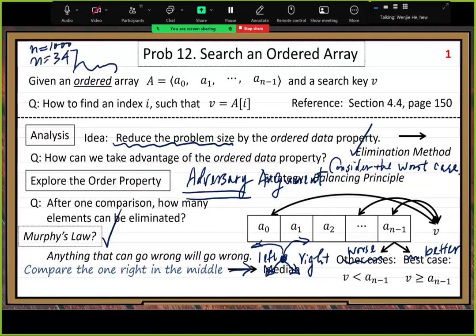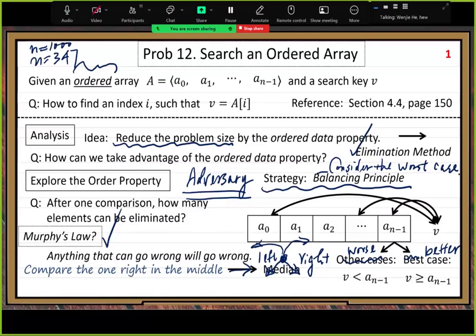Another way: here I said, the balancing principle, strategy. That's another view. So we have many different views to understand the problem, and the balancing principle is also very useful.